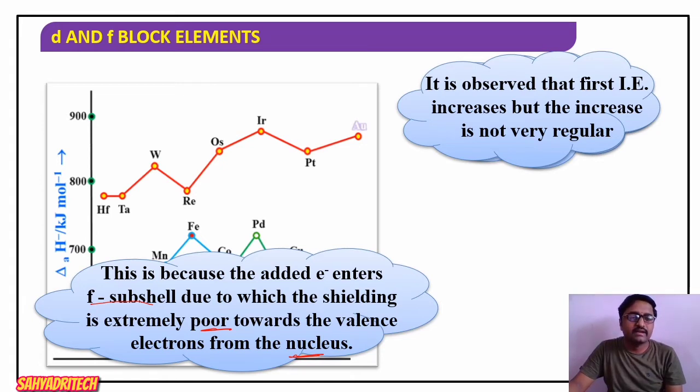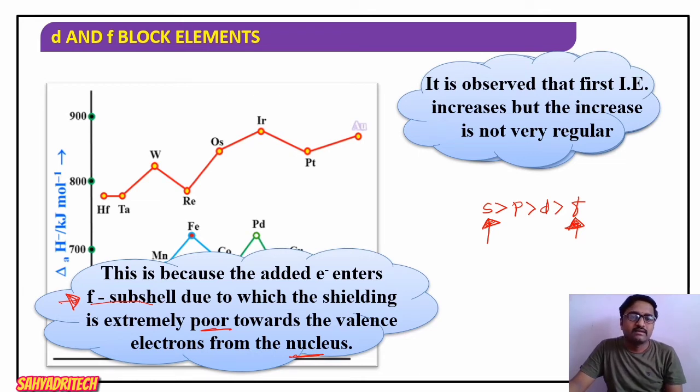So whenever an electron goes to the f subshell, the shielding effect is very, very poor. The shielding effect is maximum for the s subshell, then p, then d, then f. Electrons in the s subshell show maximum shielding effect, and if they are present in the f subshell, they show very poor shielding effect.